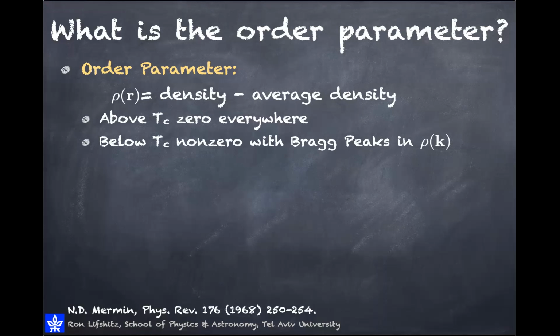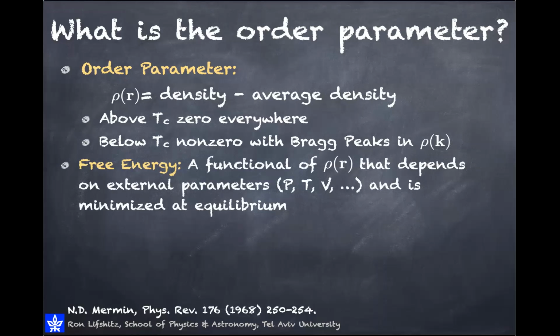Now, along with the order parameter, physicists, and I know that I'm speaking to a broad audience, have some kind of an energy cost function. This is called the free energy, which is expressed as a functional of this order parameter field that depends on the relevant external parameters, depending on what I control in my experiment, whether it's temperature or pressure or volume.